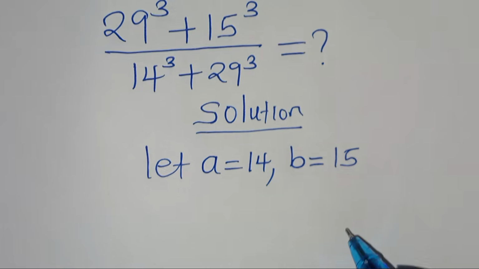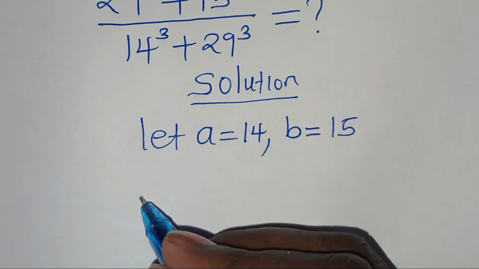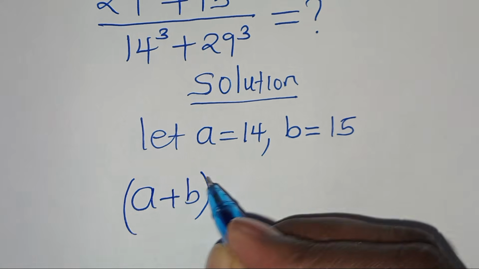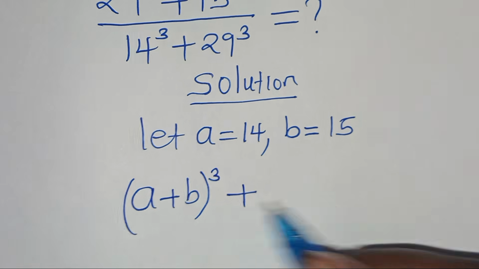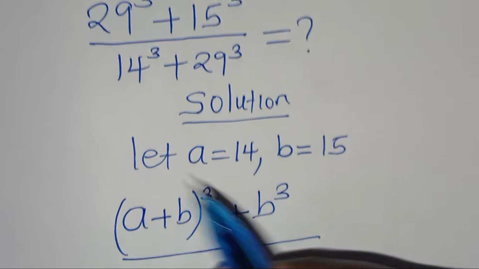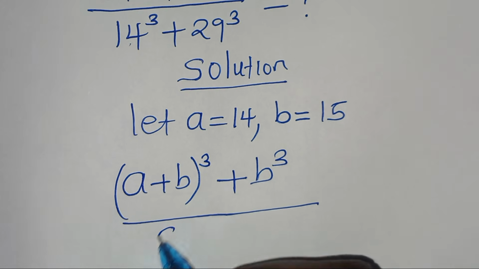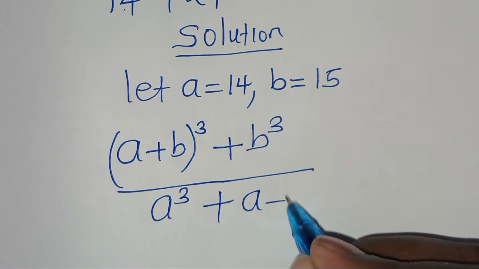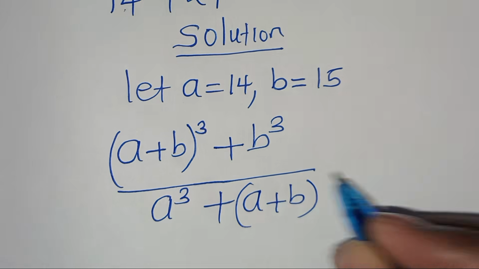So that now we can express 29 as a plus b, raised to the power of 3, then plus b to the power of 3, divided by 14, which is the same thing as a to the power of 3 plus 29, which is (a plus b) to the power of 3.